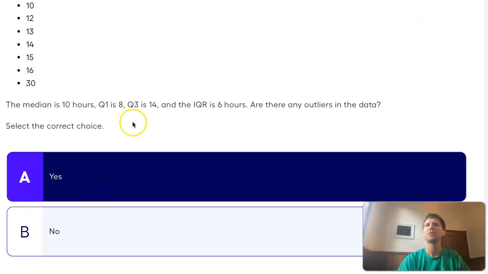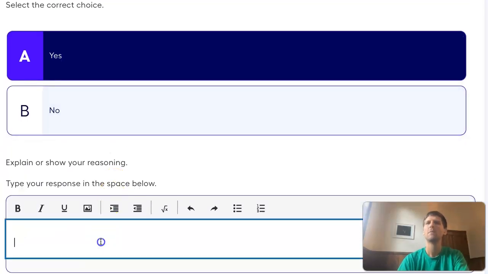So we'll say yes for this one. Why? It is greater than the third quartile plus 1.5 times the IQR.